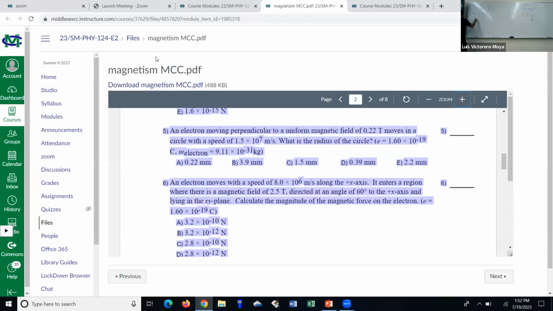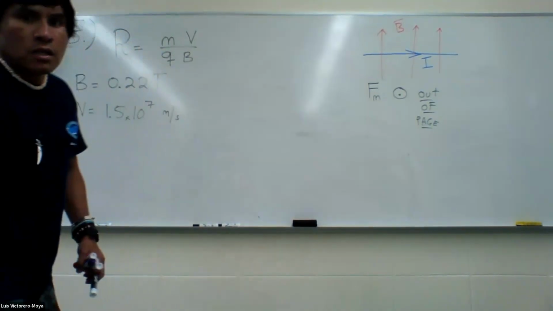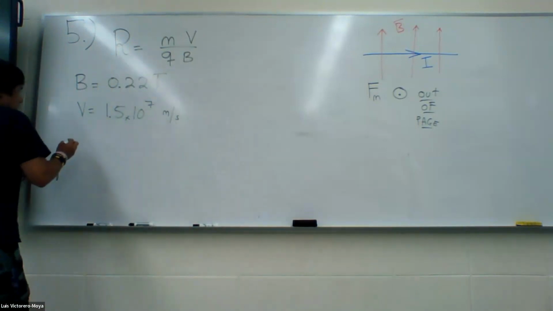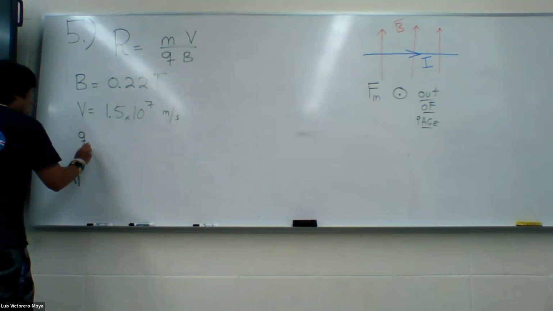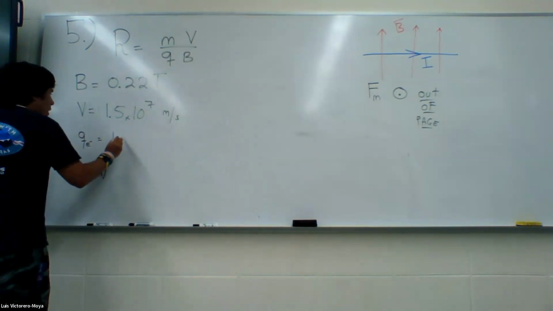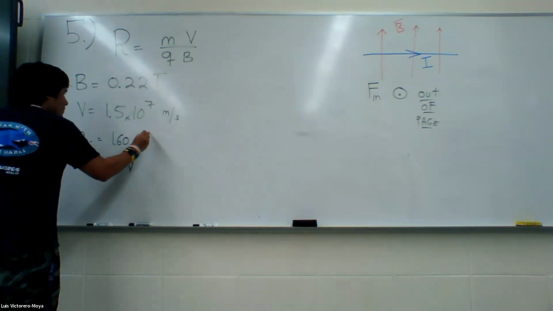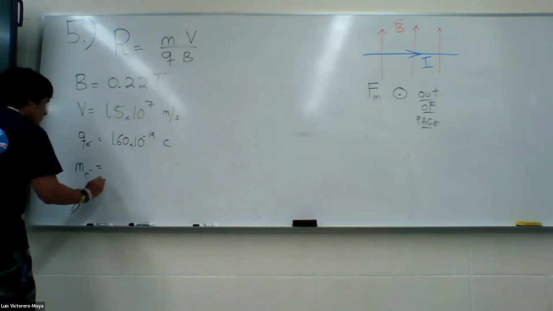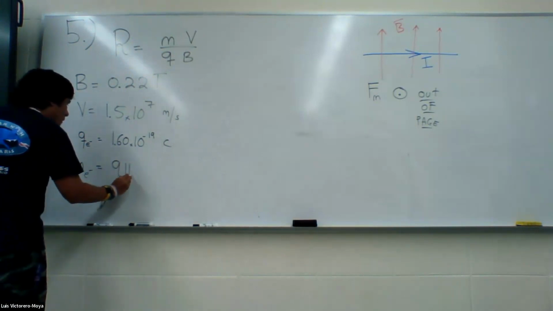The speed is 1.5 times 10 to the 7 meters per second. And they tell you that it's an electron, right? So that's the data given in the problem. The charge of the electron magnitude is 1.60 times 10 to the negative 19 coulombs. Mass of the electron 9.11 times 10 to the negative 31 kilograms.